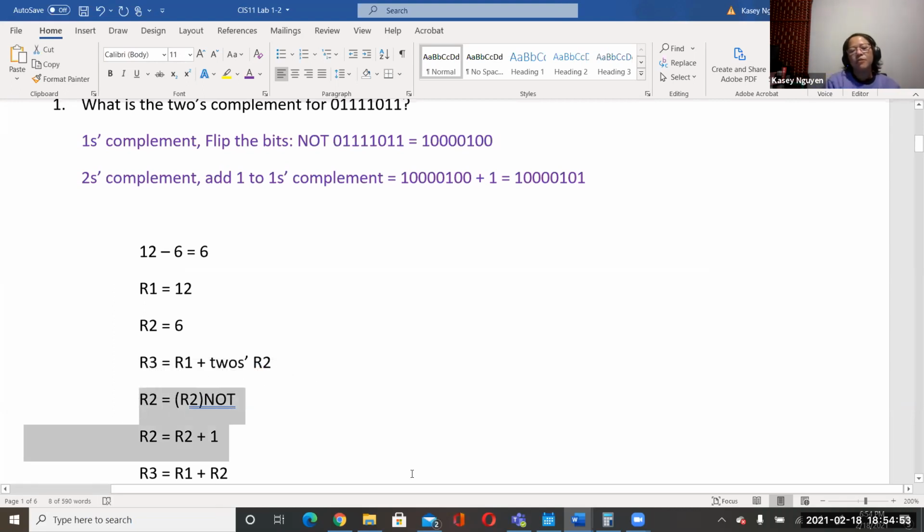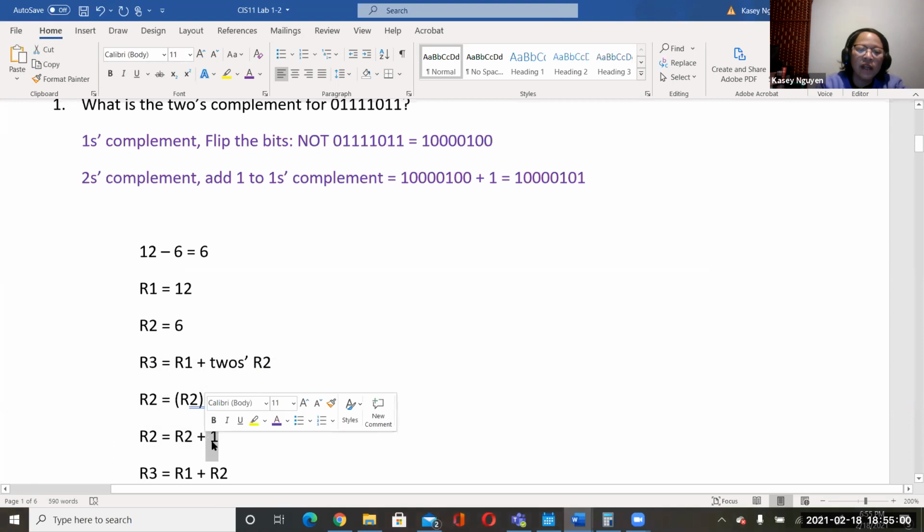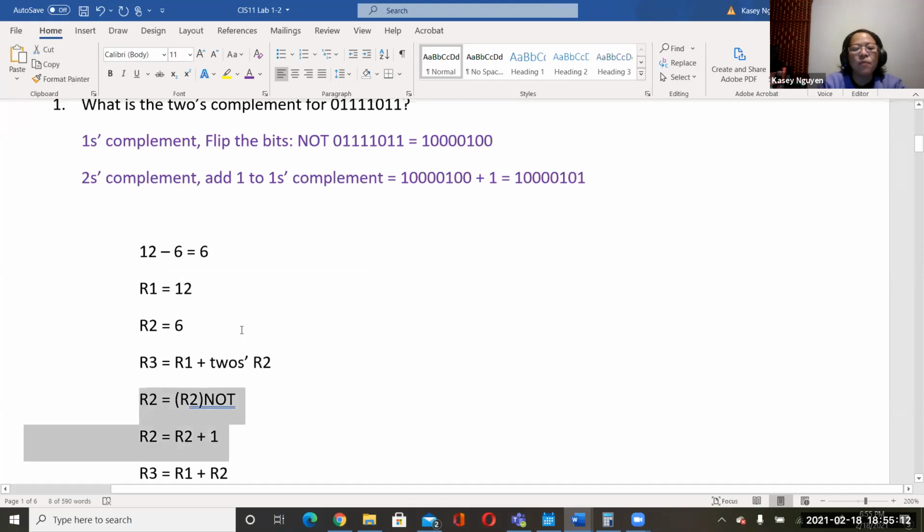So when the processor understands that at this point, when you add the 1, it's going to take the value that you originally have and store it in binary as a negative 6. So basically you're doing a 12 plus a negative 6. That's what you're doing.